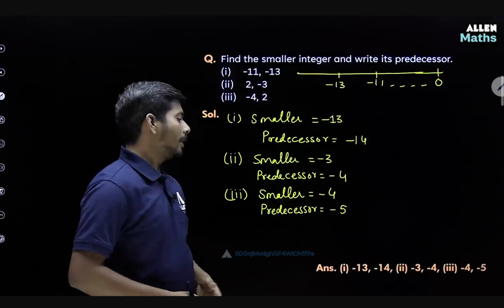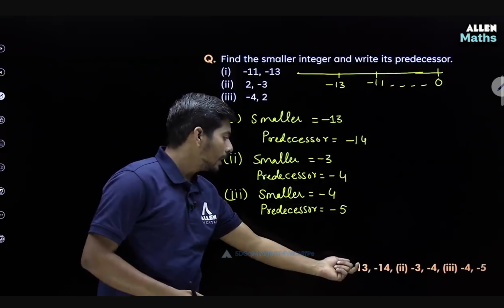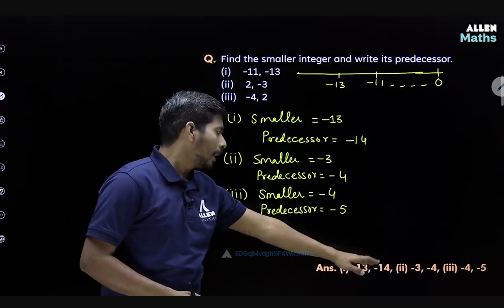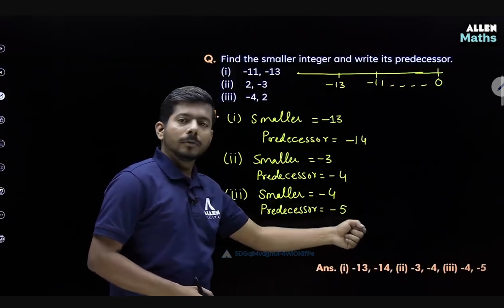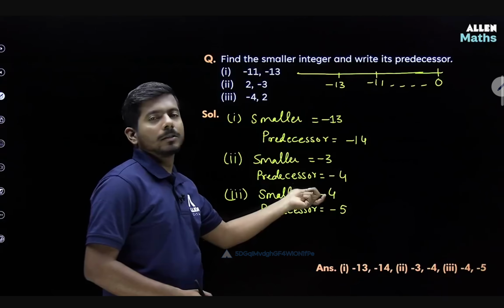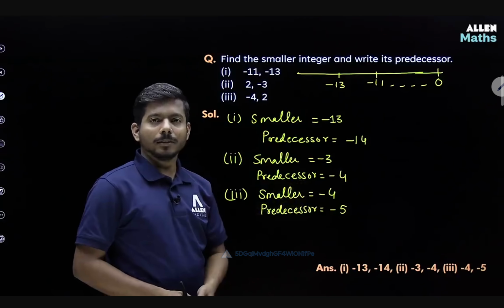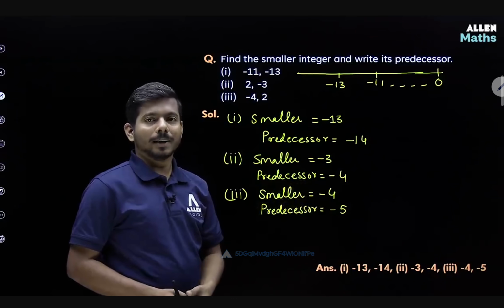So here we have the answers. The first one is negative 13, its predecessor is negative 14. Then we have negative 3 and negative 4. And for the next one, we have negative 4, which is the smaller, and negative 5, which is its predecessor. Now let's have the next question.